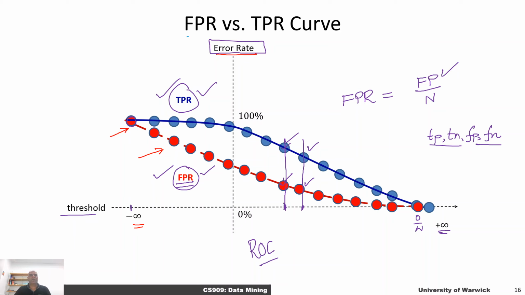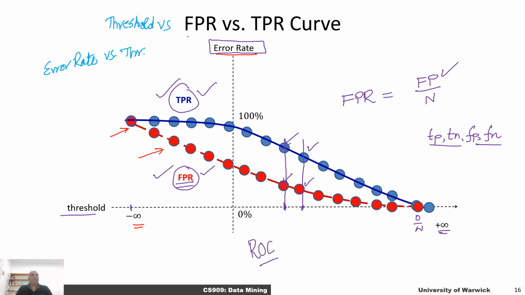I call it the threshold versus false positive rate and true positive rate curve. Or you can call it the error curve for a classifier versus threshold.